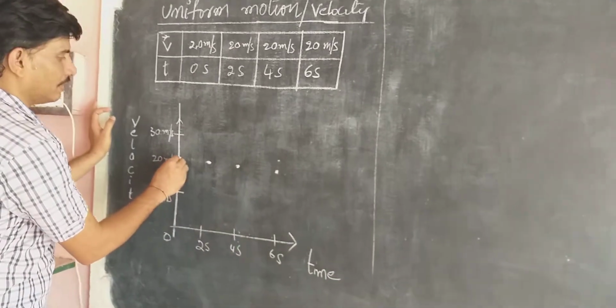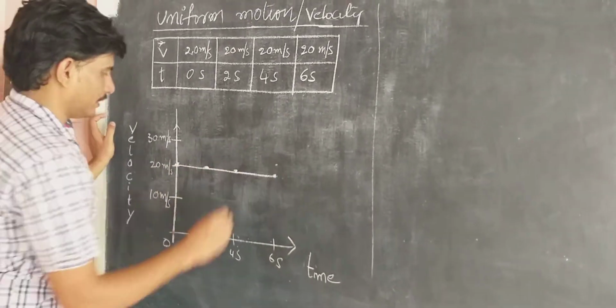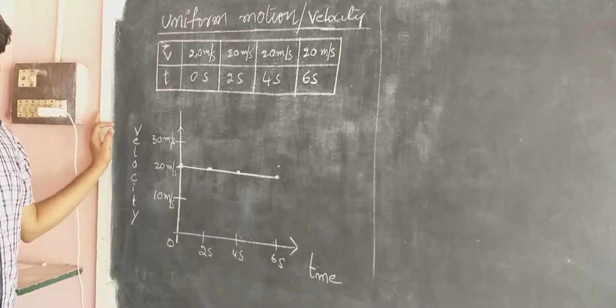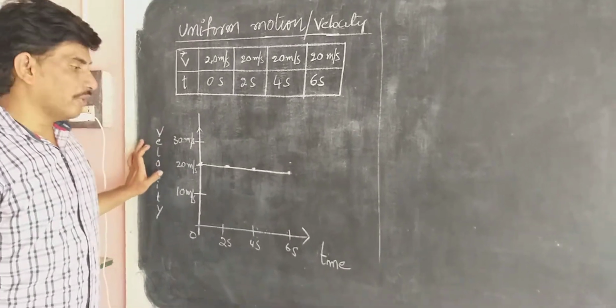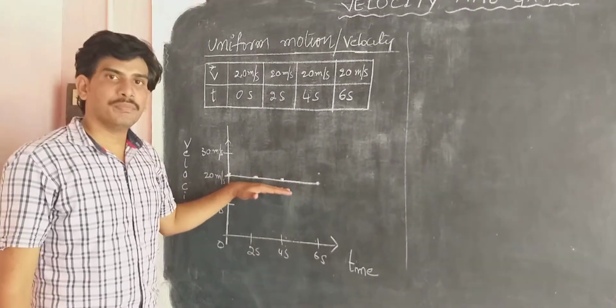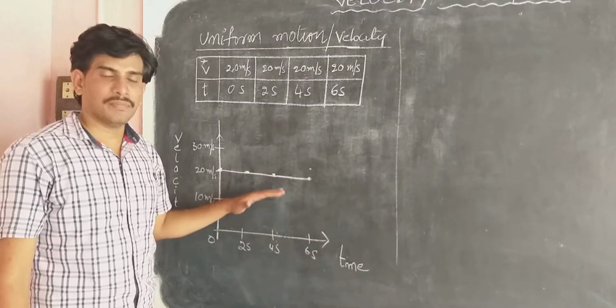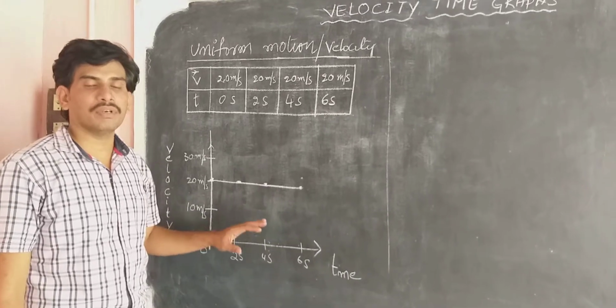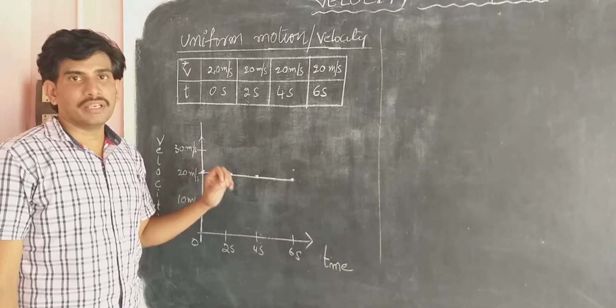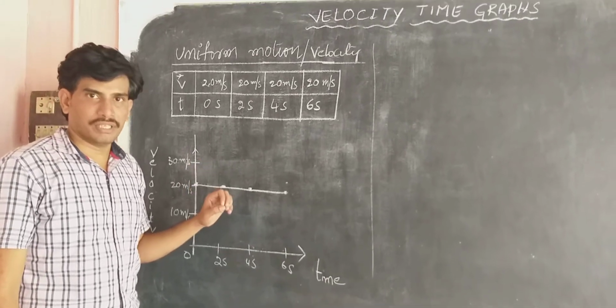If you join these points, you get a straight line parallel to the time axis. That means from a velocity time graph, if you get a graph parallel to the x-axis or the time axis, the object is moving with constant velocity. There is no change in its velocity.